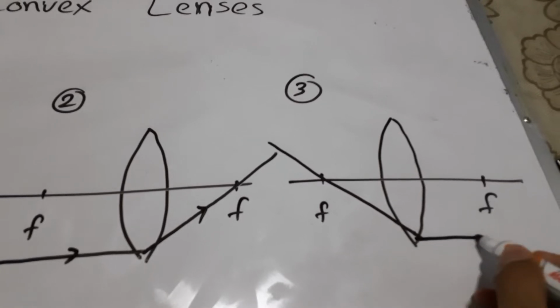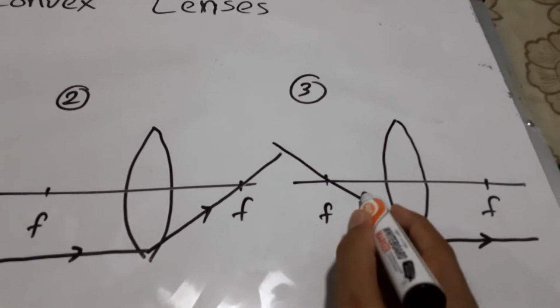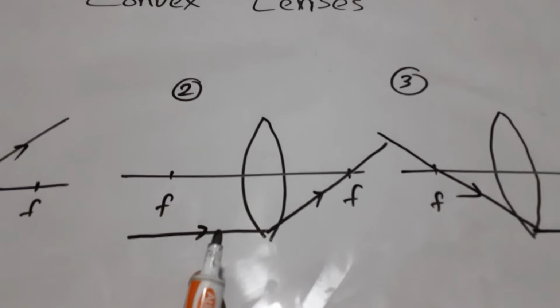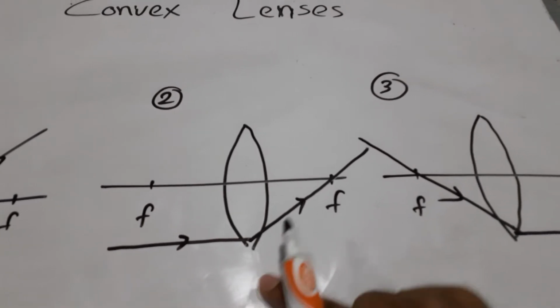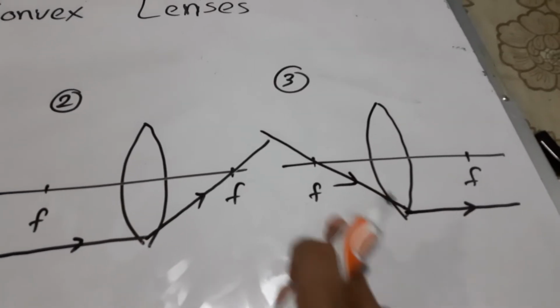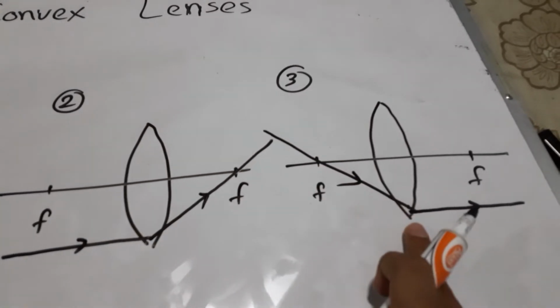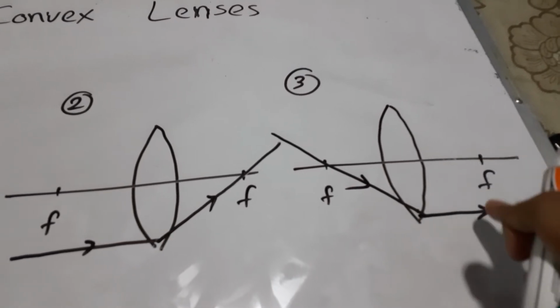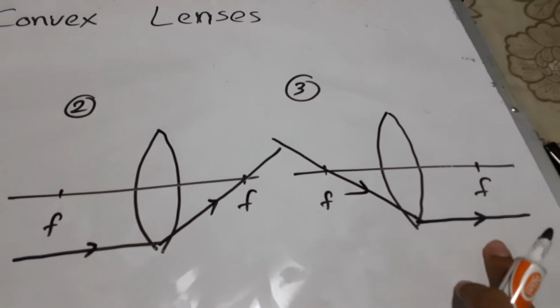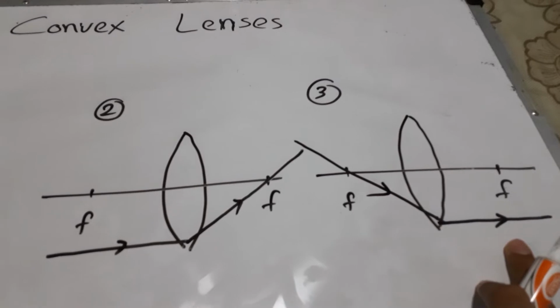It will move parallel to the principal axis. So here, when the light ray comes parallel, it will move through the focal point. Here, when the light ray comes through the focal point to the lens, it will be refracted so that the principal axis and the refracted light ray are parallel to each other.